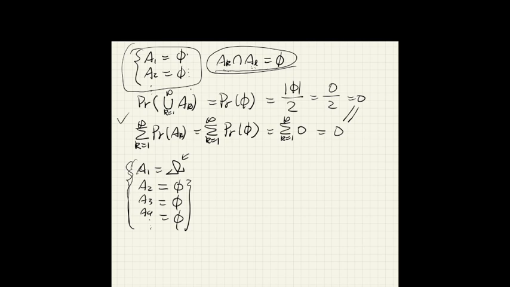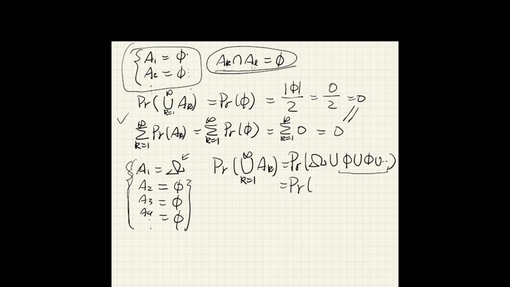If that is the case, then the probability of the countable union is omega union empty union empty union and so on. However many empty sets there are, this union is omega itself. Therefore this probability is 1.